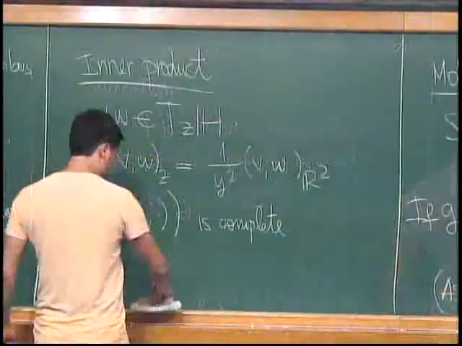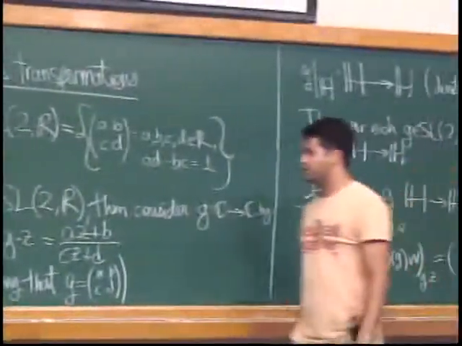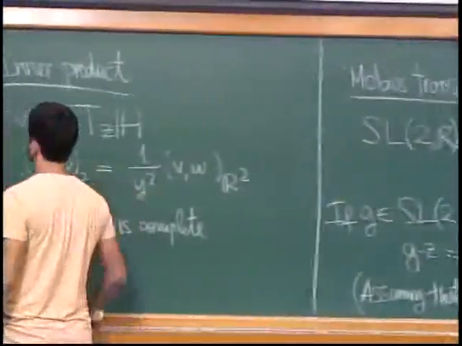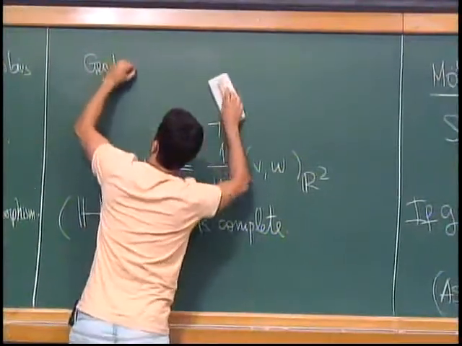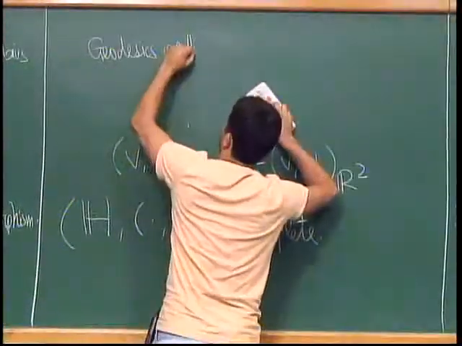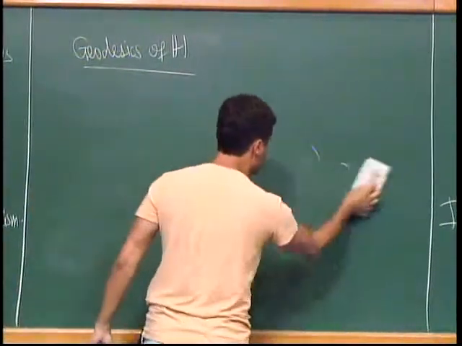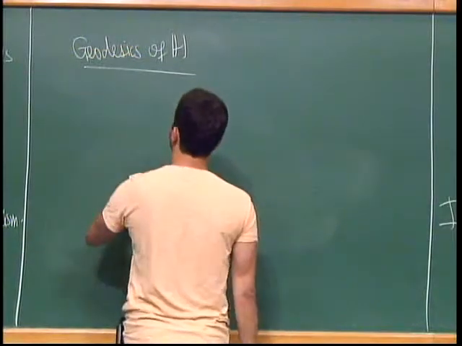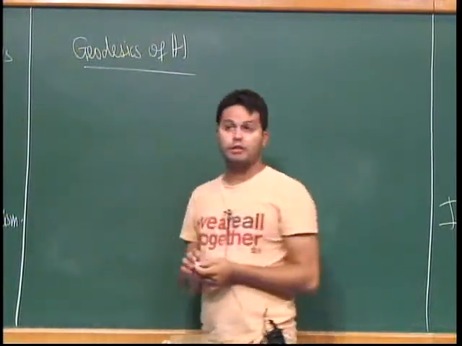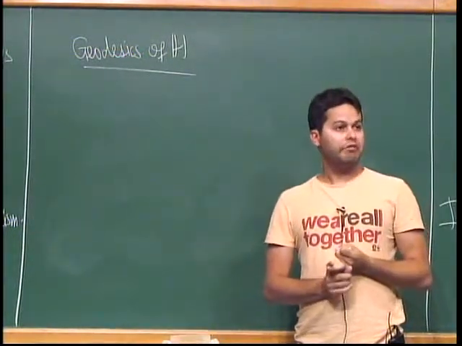Okay, so now that we know that we have a lot of isometries, let's see what are the geodesics of our hyperbolic space. So, geodesics of H. I'm going to start with only one geodesic. So, what defines a geodesic? A geodesic is defined by a point and a direction, right? And a vector.